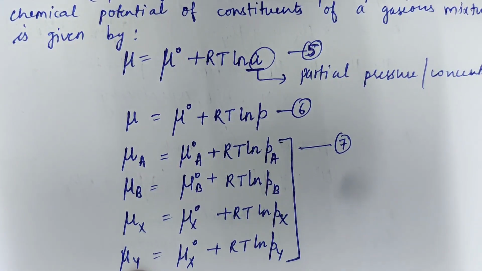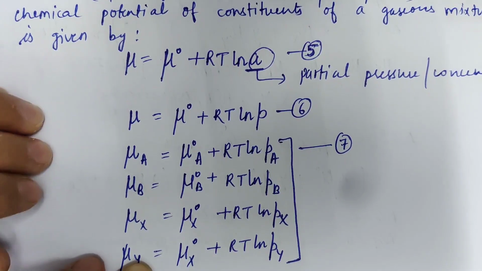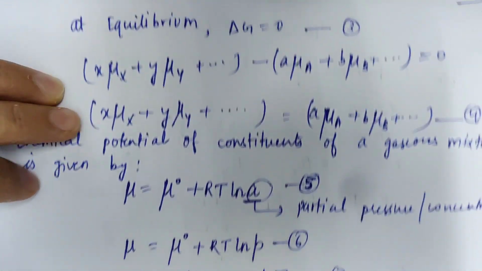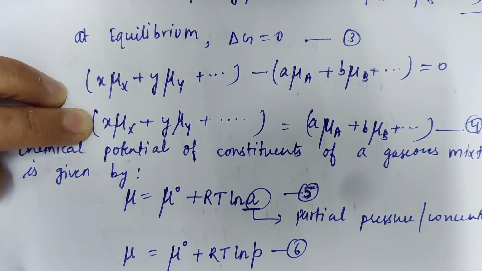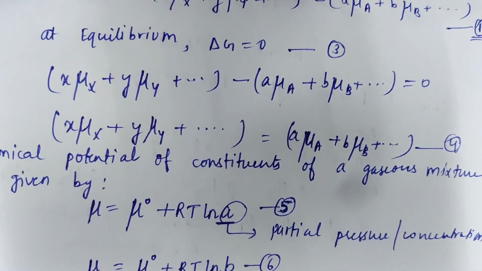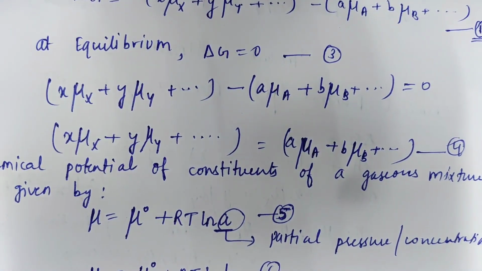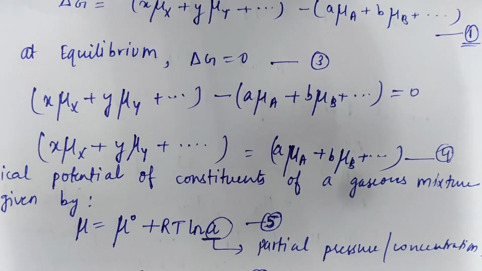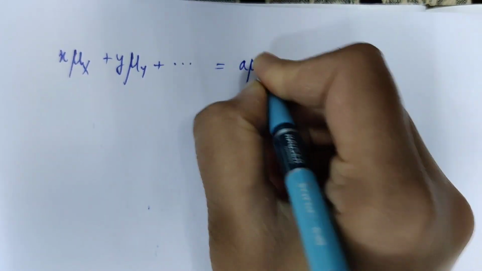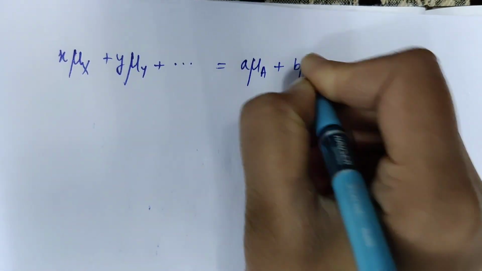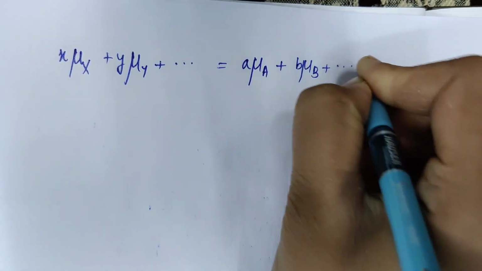Now what we are going to do is put all these values into our equation number 4. So I'm going to write equation number 4 again and then put in all these equations. Our equation number 4 is x of mu of x plus y of mu of y plus so on equal to a of mu of a plus b of mu of b plus so on.